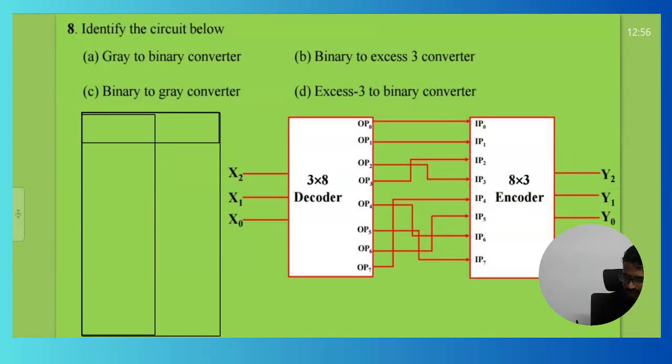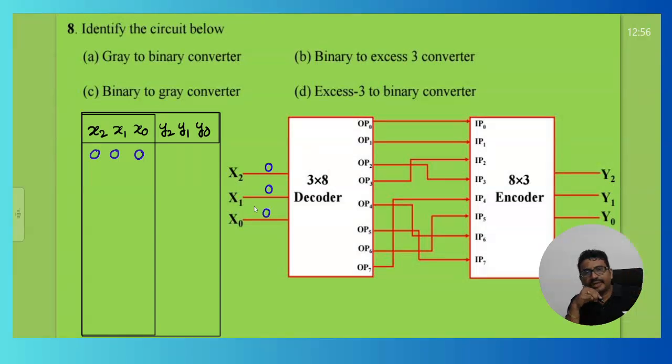Now you can see here the inputs. Let's say the inputs we have taken as x2, x1, x0, y2, y1, y0. Now you can tell me what will come from these relations. I'm taking the input as 0, 0, 0. So this is the decoder, we have taken 0, 0, 0.